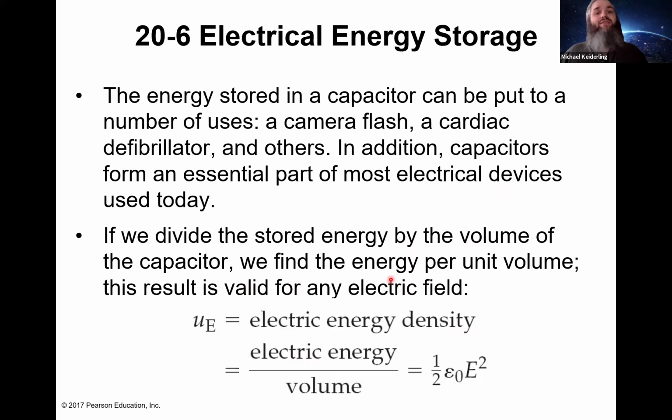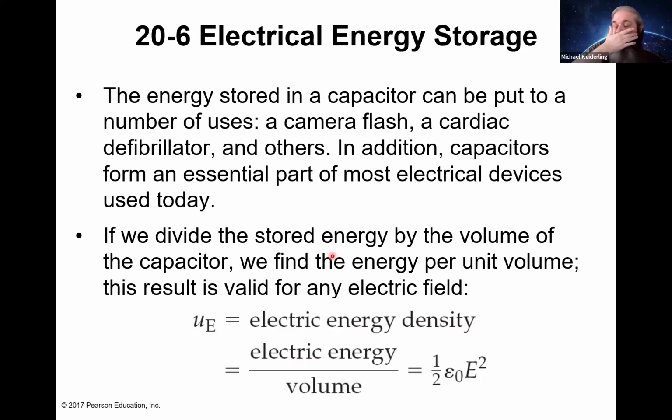But a nice thing about a capacitor is that it has a constant electric field. So if we divide the stored energy in a capacitor by the volume of the capacitor, we find the energy per unit volume as a function of the electric field. And this energy density is just the energy density of any electric field.